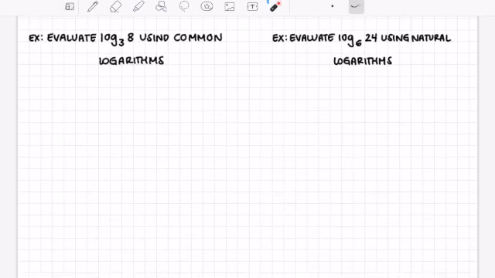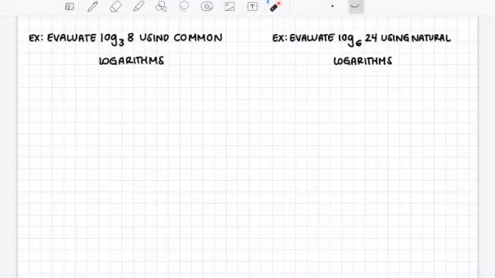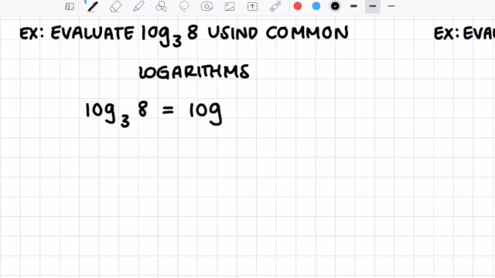If we're asked to evaluate log base 3 of 8, and that's all we're given, we can use the common logarithms to help us solve this. I'll start off with the problem: log base 3 of 8. To solve this, I can get log of 8 divided by log of 3.